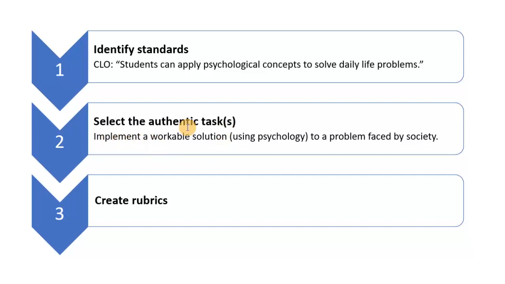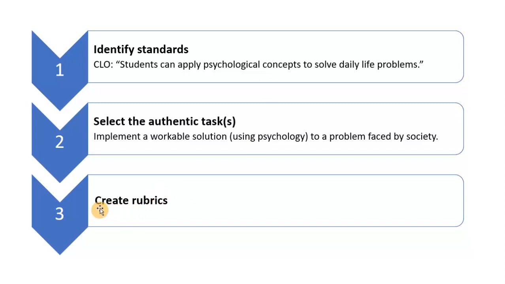So the task required for students to do is that they need to find a problem faced by the society, and then they are required to use psychological concepts learned in the course to solve the problem. So this is the authentic task required for them to do.